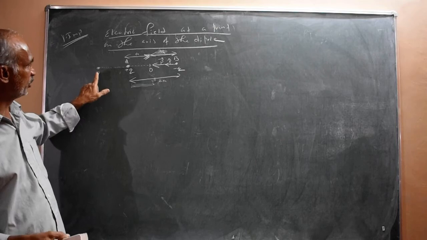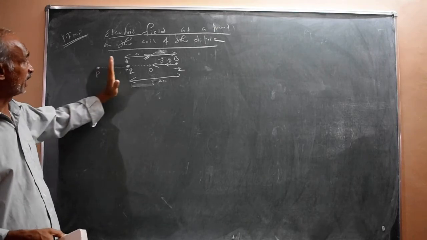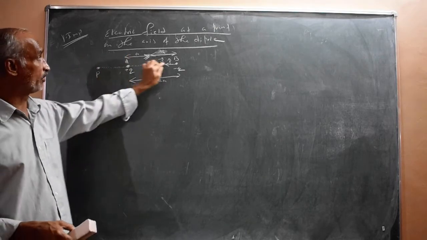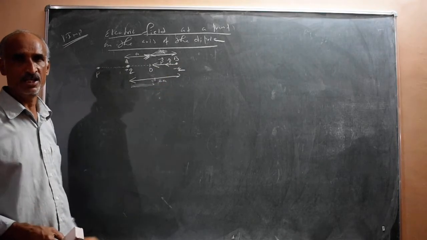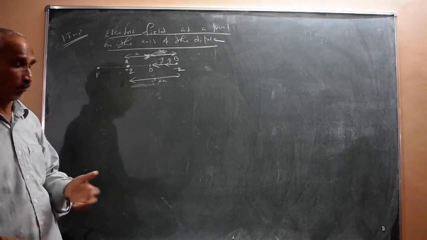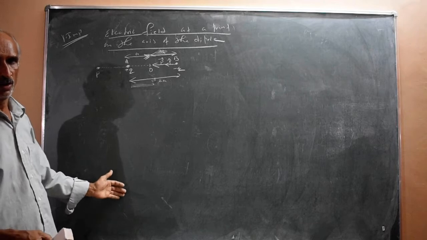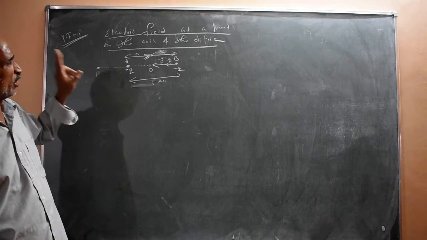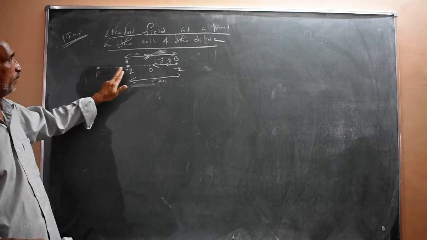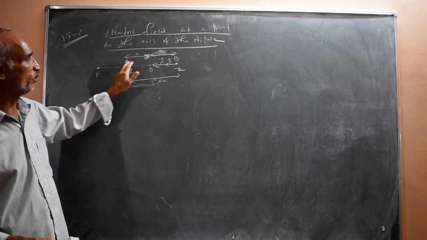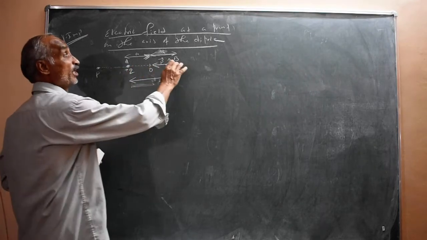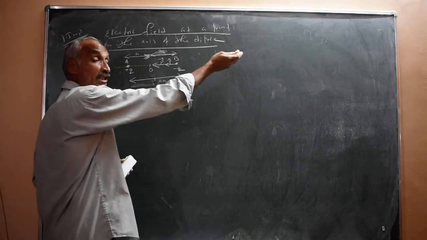Even though this derivation is taken for this point, which is on the left side of plus q on the axis, the axis is extended here. So this formula is applicable. The formula we got for the field is applicable for every point on the axis. It may be in between plus q and minus q, or on the axis of the dipole on the side of minus q.